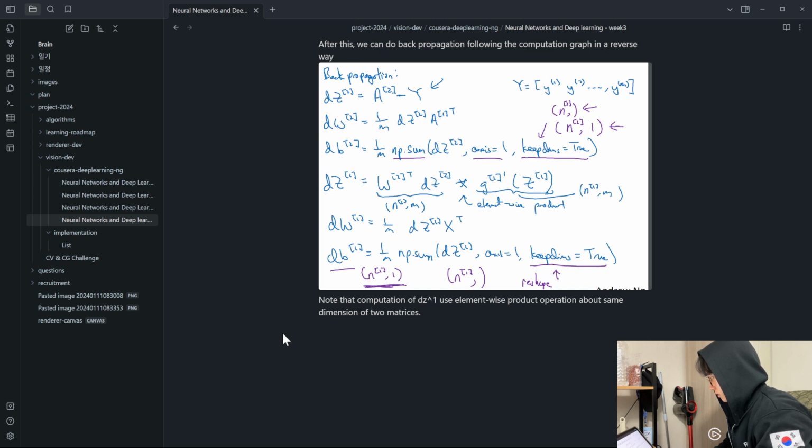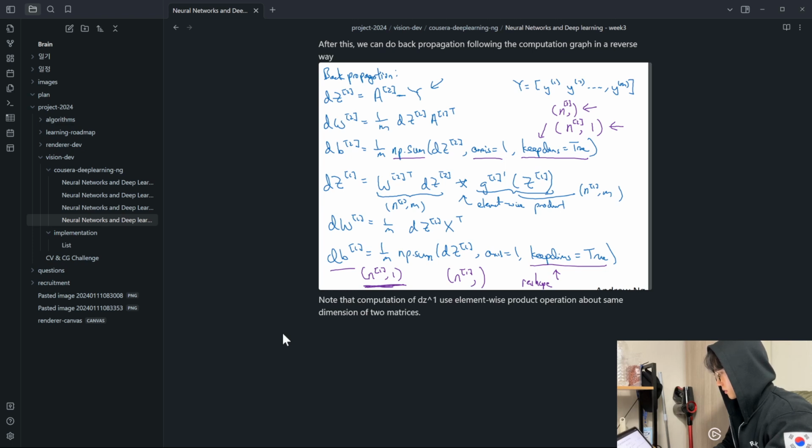And then dz1 is computed as follows. Once again, this is an element-wise product. Only whereas previously, we saw on the previous slide that this was an n1 by 1 dimensional vector, now this is an n1 by m dimensional matrix.